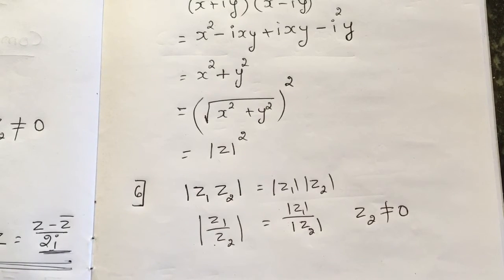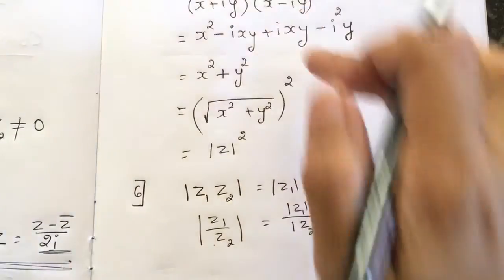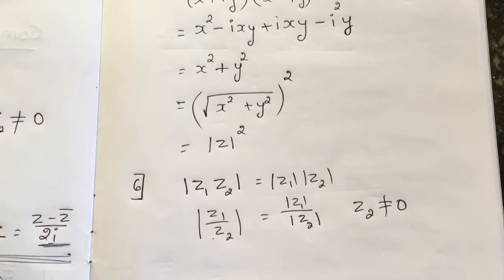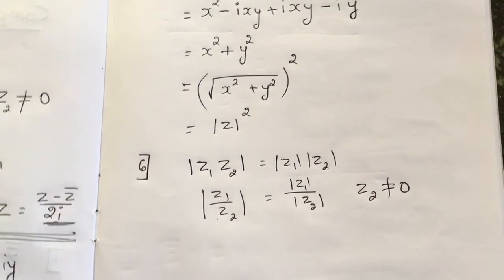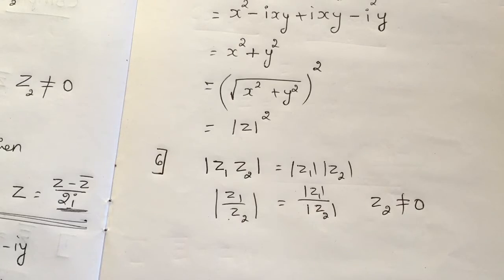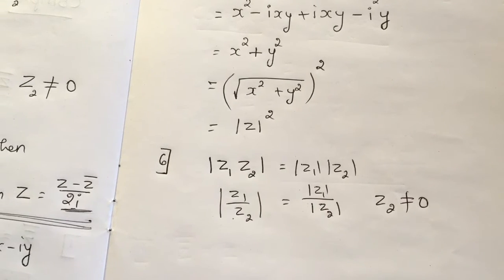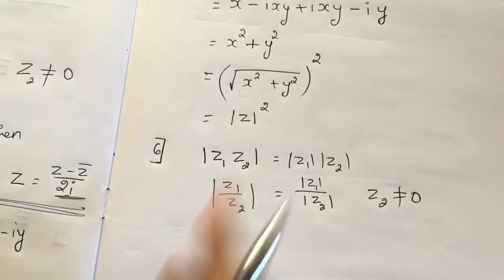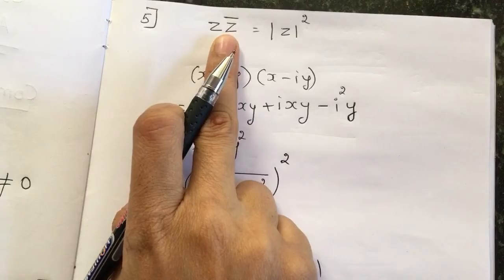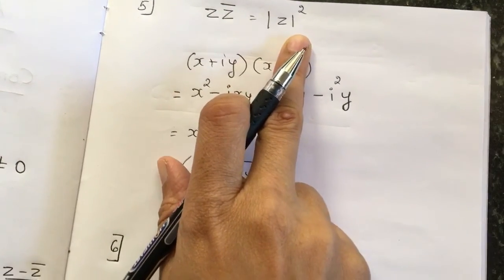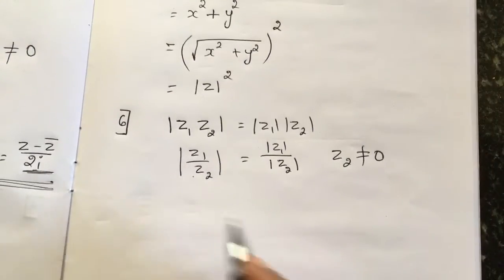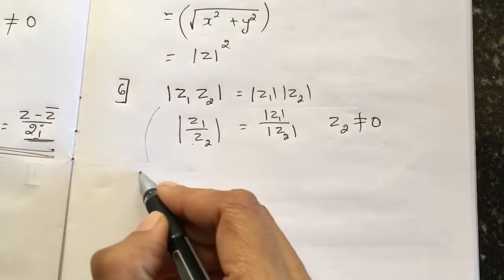You may get doubt why this is so and why this is included in the study of conjugate of a complex number. See, we know one thing, that zz bar is modulus of z square, right? I'll just prove this.